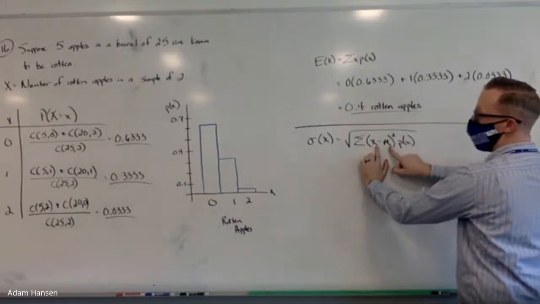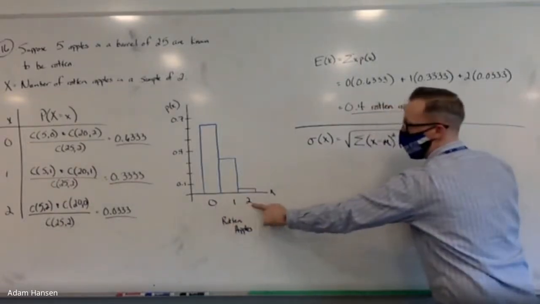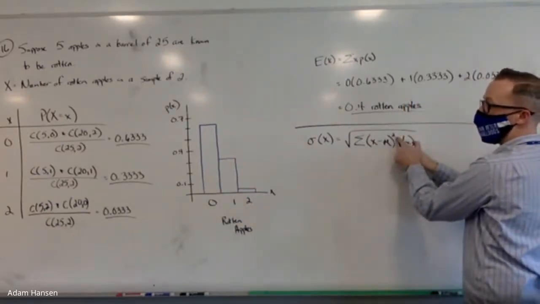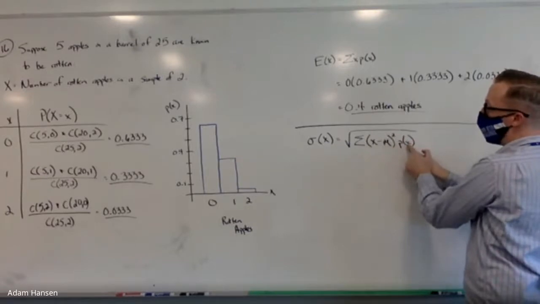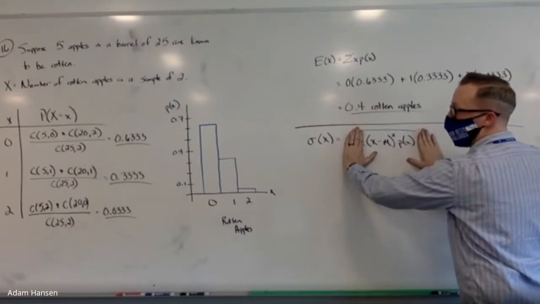What's the total variance or difference from the mean? Since I could be either below average with no rotten apples or above average with either 1 or 2 rotten apples, I need to square it so that it always has the same sign. Then multiply it times the probability, because that is the likelihood that that is the variance for whatever you pulled out of the barrel, the total variability.